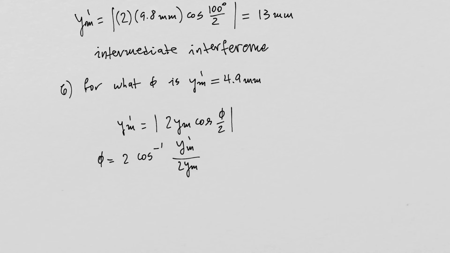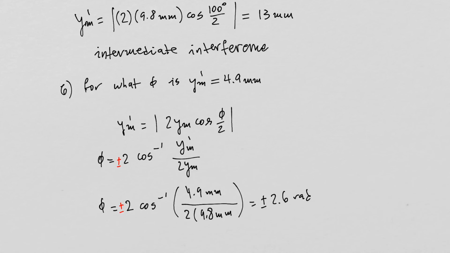Rearranging the terms and solving for phi, I get that the phase angle phi is equal to 2 times inverse cosine of ym prime divided by 2 times ym. Now I will substitute the known values and calculate the value for the phase angle phi. An important thing to consider is the fact that we have the absolute value here.